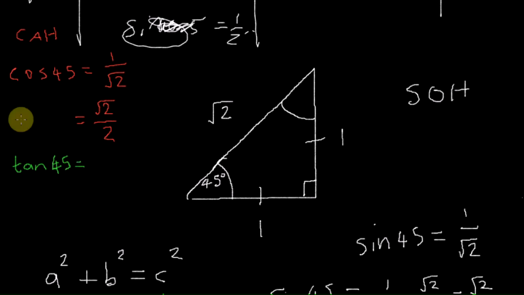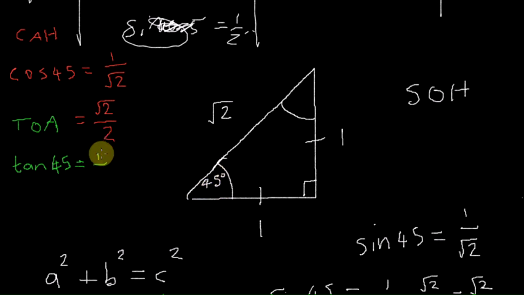That will happen naturally over time. So opposite over adjacent for tan 45: 1 is the opposite, because if that's the angle we're dealing with, then the opposite is opposite the angle, and we want the adjacent, which is 1. So it's 1 over 1. That's the adjacent, because it's adjacent to the angle.